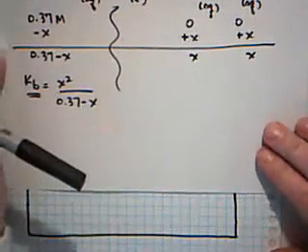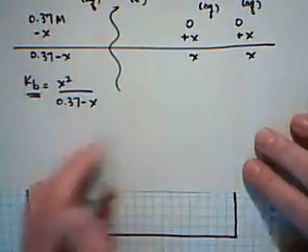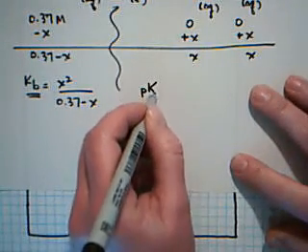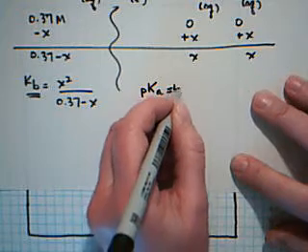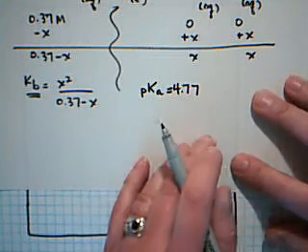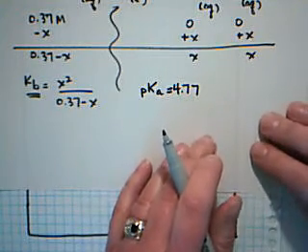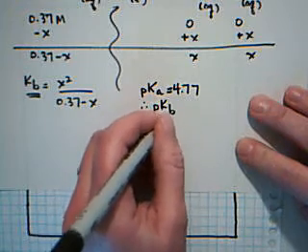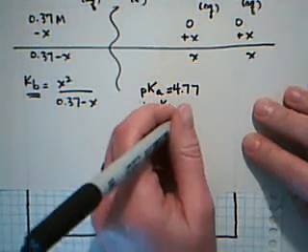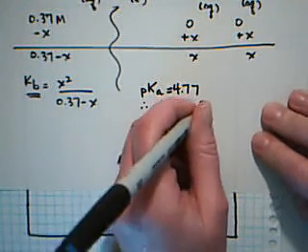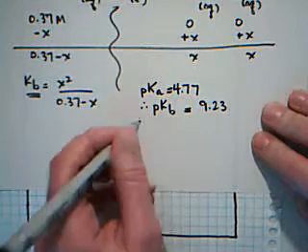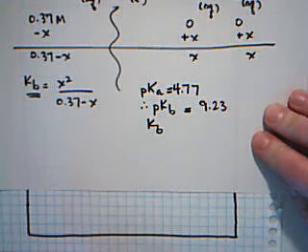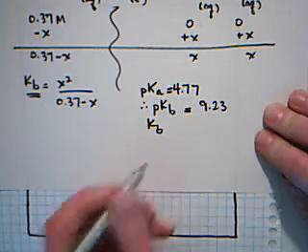And we don't have the Kb exactly, we only know the Ka. In fact, we know the pKa. We know that the pKa value is 4.77 for sorbic acid. Therefore, the pKb would be that number from 14. So that's 9.23. And therefore, my Kb is 10 to the minus 9.23.